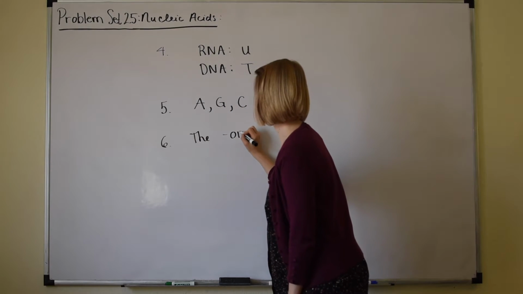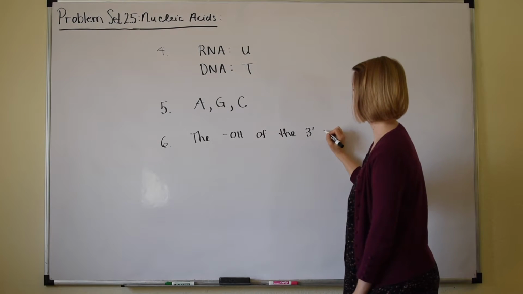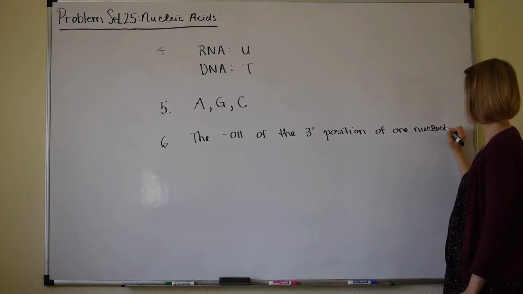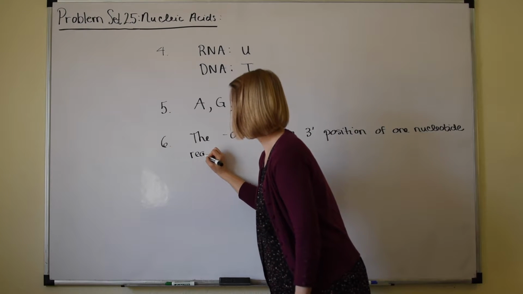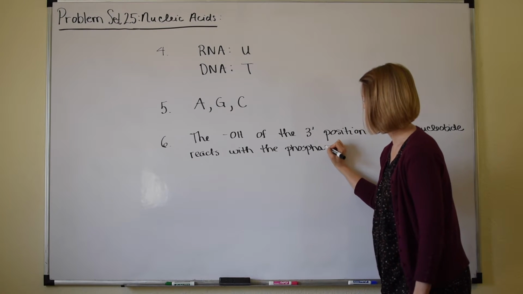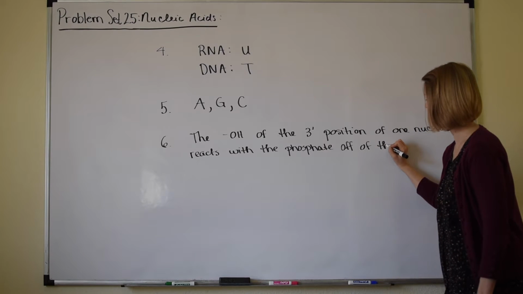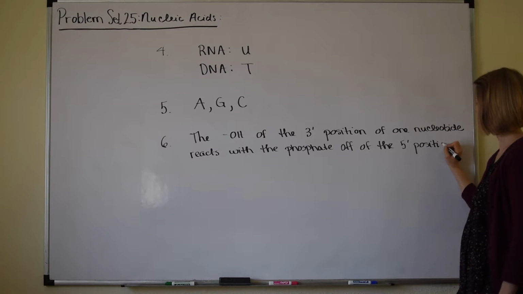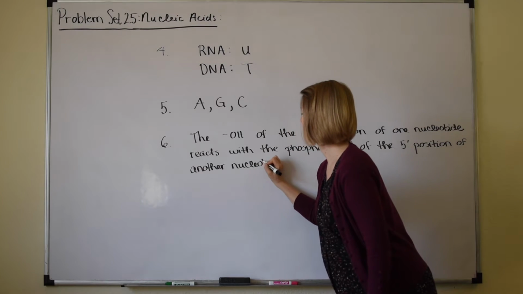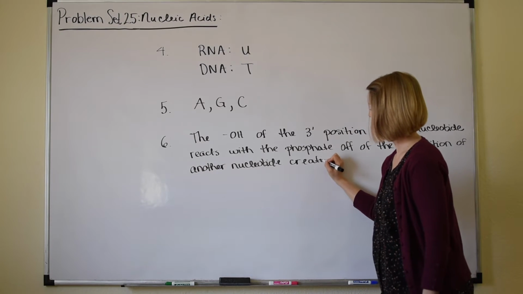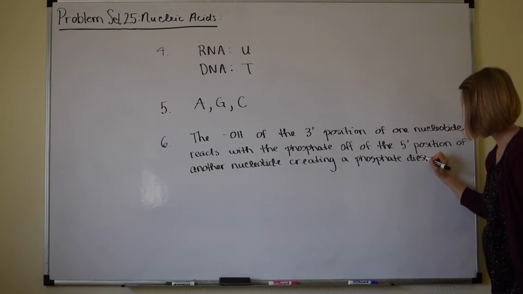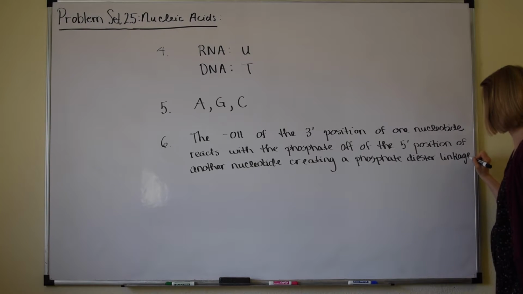The OH of the 3' position of one nucleotide reacts with the phosphate off of the 5' position of another nucleotide, creating a phosphate diester linkage between the two nucleotides.